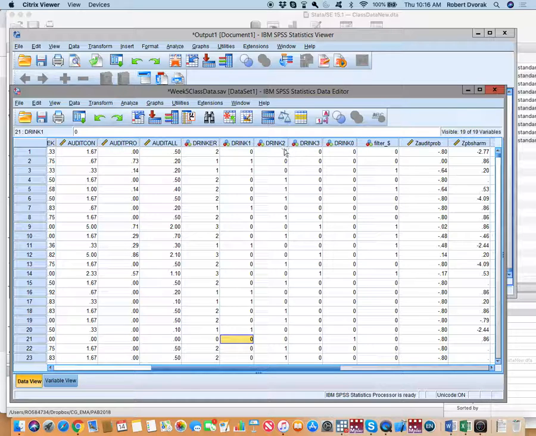For drinker 2, you're coded as 1 if what? If drinker is 2, yep. Drinker 3, you're coded as 1 if what? Drinker is 3, right? Yeah. So these are dummy coded variables that are only 0s and 1s.